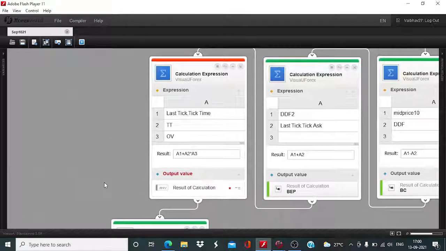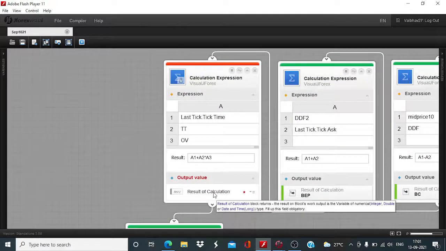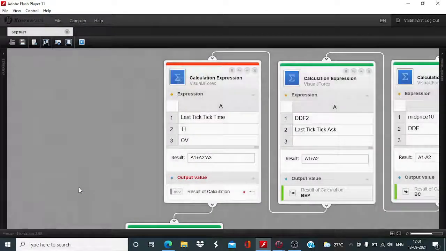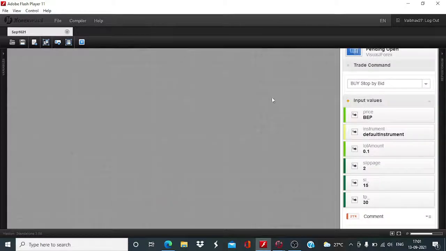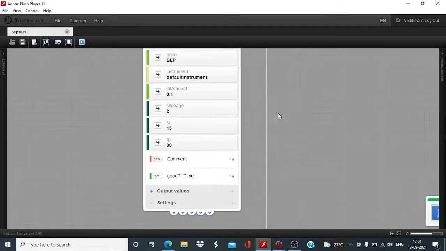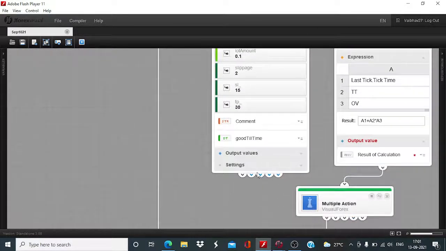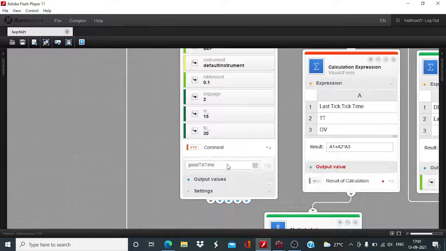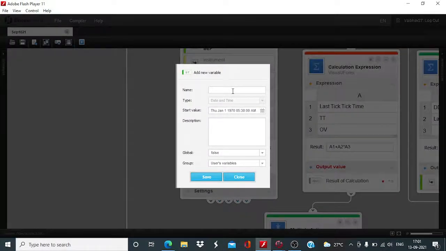Okay. And the result of the calculation is going to be named as OVT, but since we have to be careful with the data type, I'm going to take good till time and create a new variable here only. I will name it OVT.